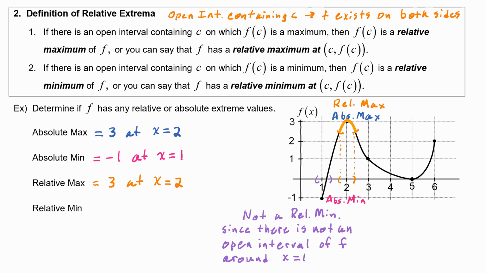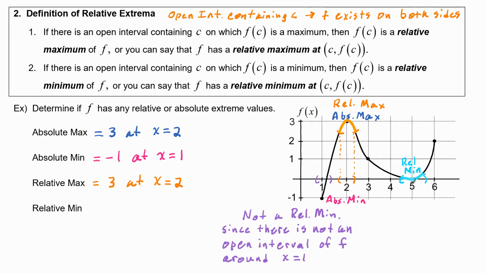Now we do have a relative minimum on the graph, and that happens right here. So this point right here is a relative minimum, and that's because we can make an open interval around x equals 5, and f exists to the left of x equals 5, and f exists to the right.